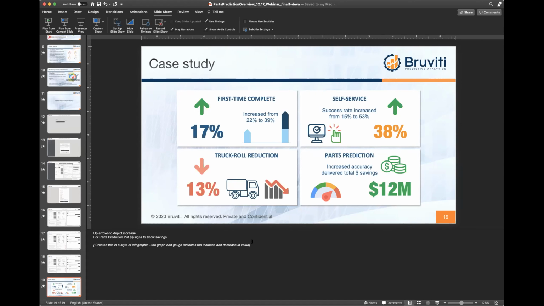So let's see. First question. Do I need the entire Bruvity product suite to take advantage of parts prediction capabilities? I think you do not. Most of our customers who are using parts prediction also use our Agent Assist or our Tech Assist product.